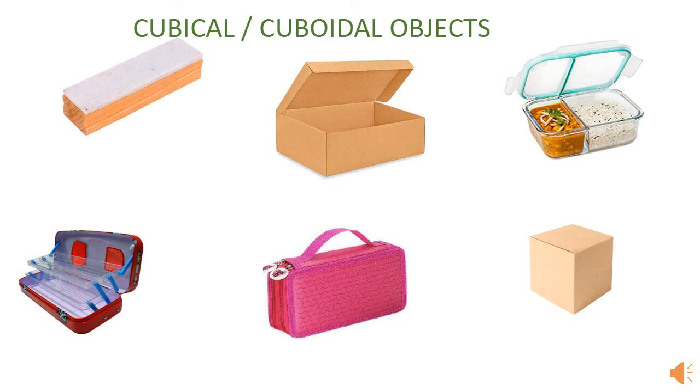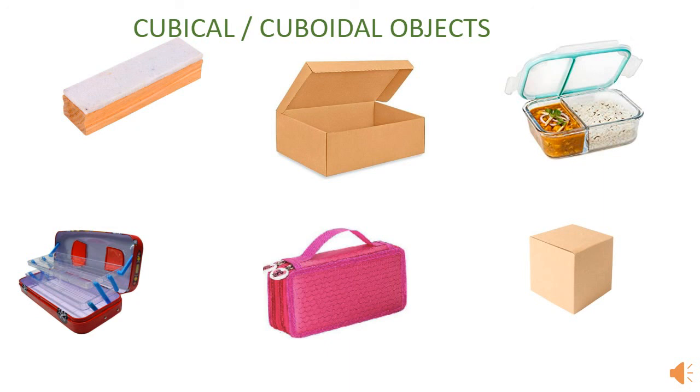Shapes such as rectangle, square, etc. are called plane shapes. They do not have any volume, they have only area. Okay? Here you can see cubical and cuboidal objects are shown: a duster, shoe box, lunch box, pencil box, your pouch, and a cubicle box you can see in the last picture.